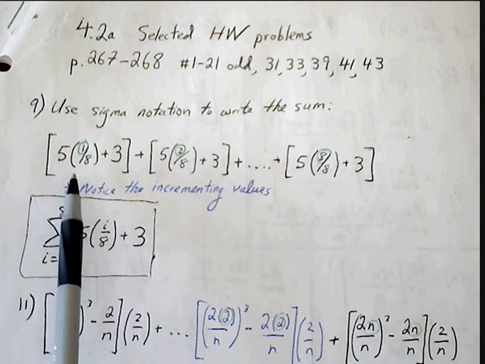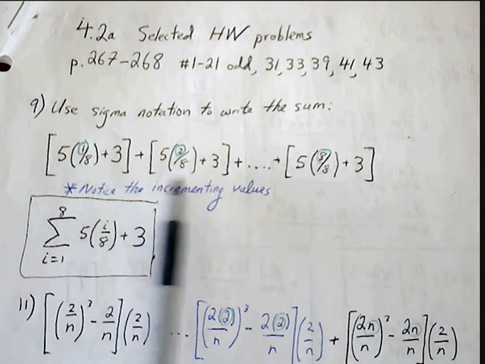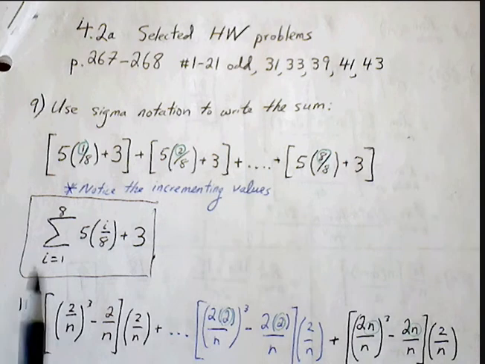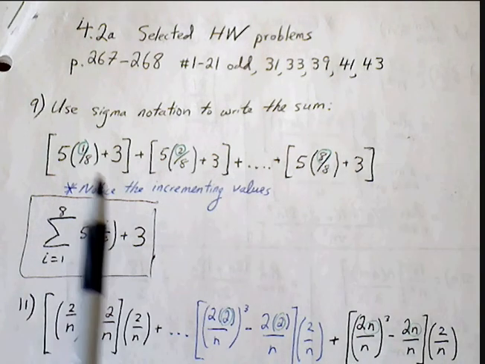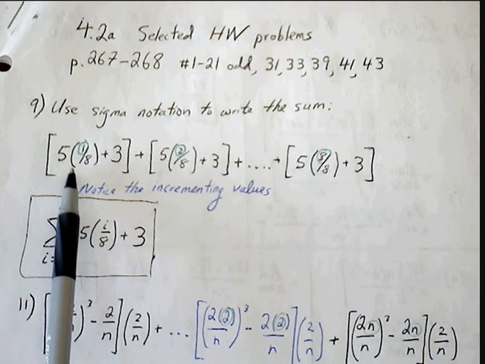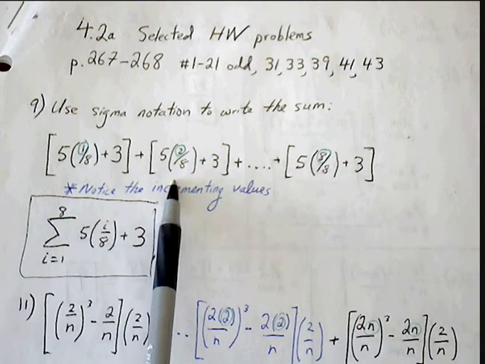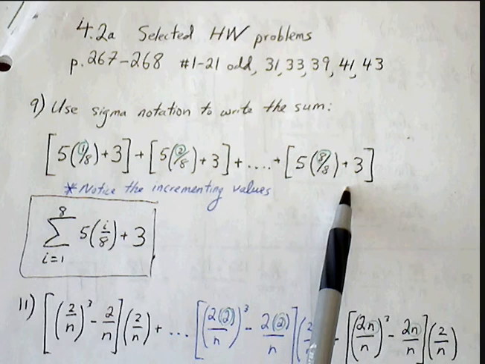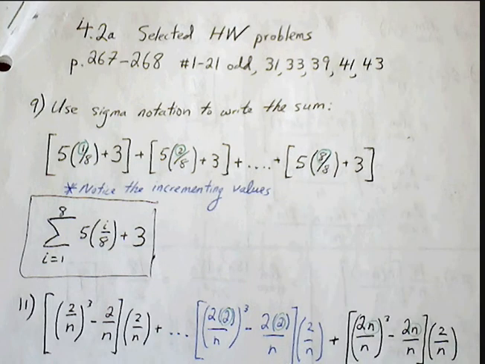So we're trying to represent this using the shorthand method, using summation notation. So what you first want to do is look at the pattern, look to see what's changing and what's remaining constant, remaining the same.